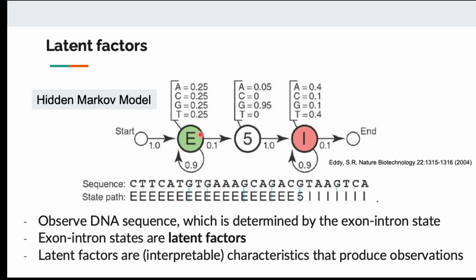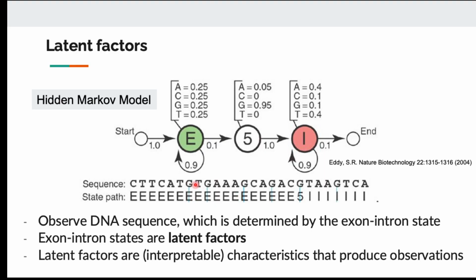So in the hidden Markov model, we call these exon, 5' splice site and intron states the hidden states of the model. The idea of the hidden Markov model is that when we observe the data, we observe the nucleotide, we sequence the nucleotide. We don't know the state. We don't know if this nucleotide is exon or intron.